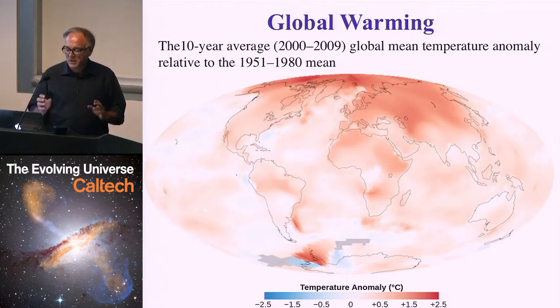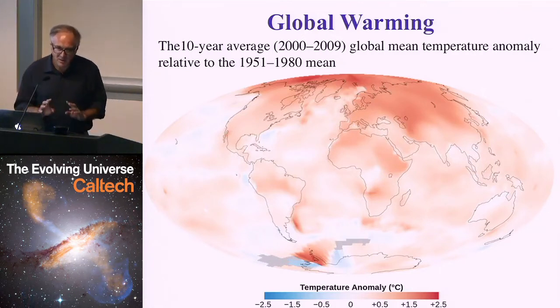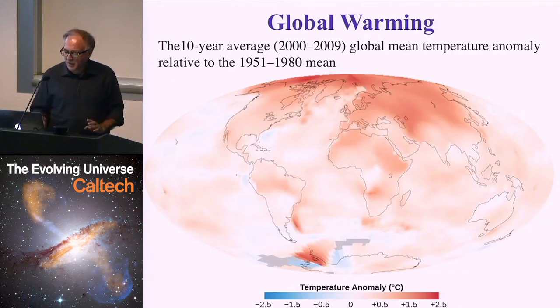This is the difference between average temperature over a 10-year period, so you can average over all the weather and seasonal effects, versus the mean of 30 years sometime earlier, and the red means positive, blue means negative, and aside from a little area near Antarctica, all the rest of the world has warmed up on average.